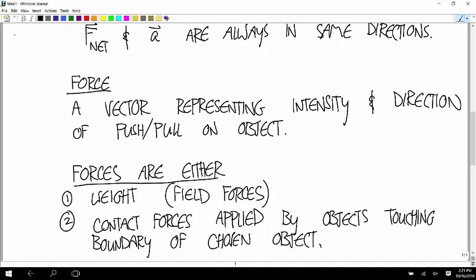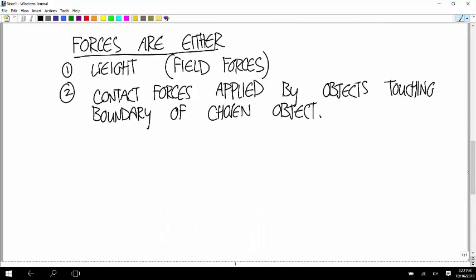Anywhere there's contact with the chosen object at the boundary, there's going to be some kind of force there. And we'll talk about how to account for individual forces. Once you've gone around the whole boundary and accounted for every place that the outside world is touching, you know you're done. So you look at a problem and you're like, oh my God, there's a million things going on here. Well, if you remind yourself of this fact, you can keep track of it.